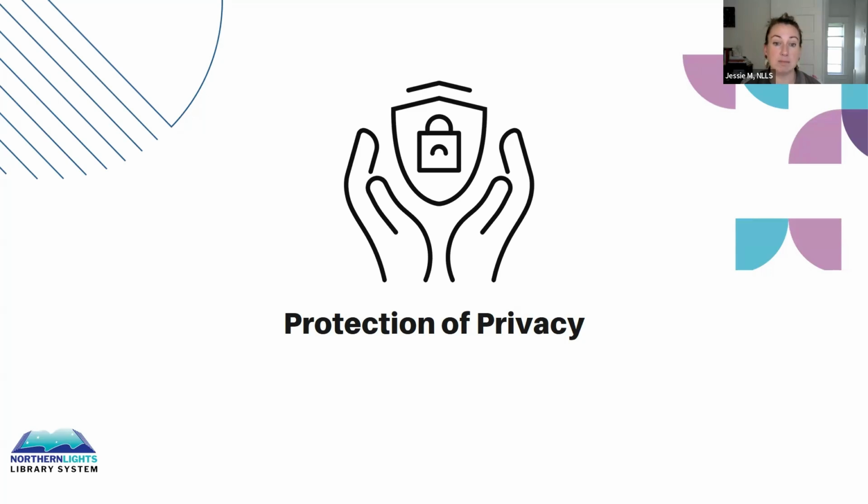So then there's the methods of collecting information. Personal information can be collected directly from the individual and should be whenever possible. If information is collected indirectly, then the public body must have the authority to do so under FOIP.